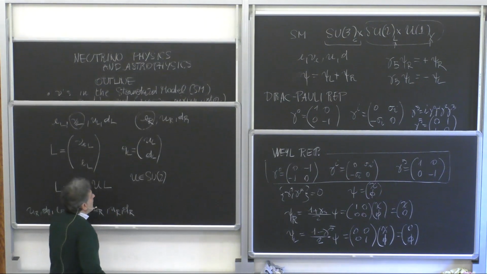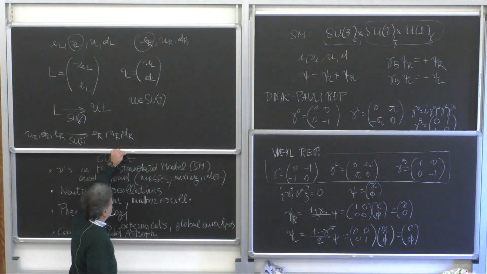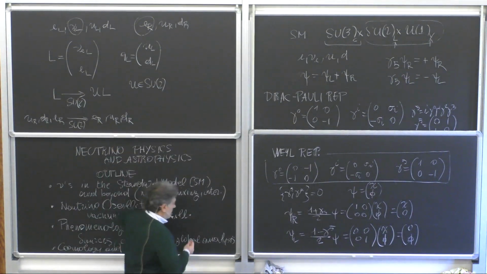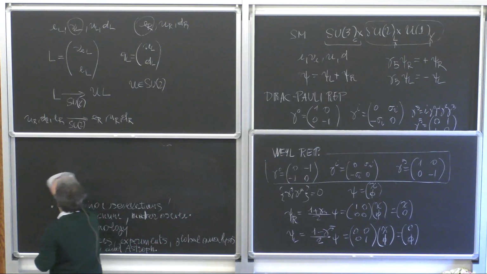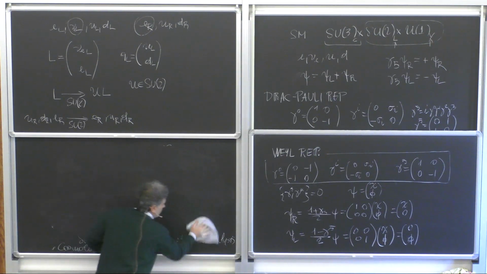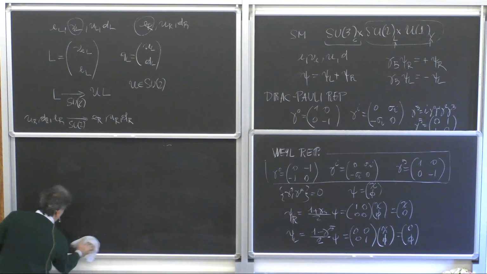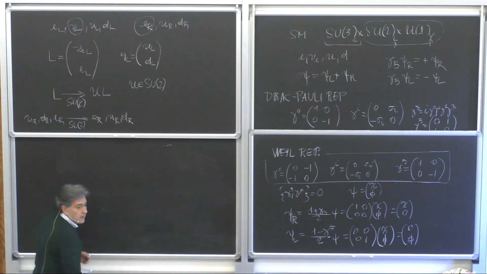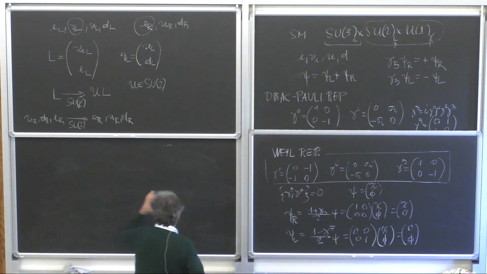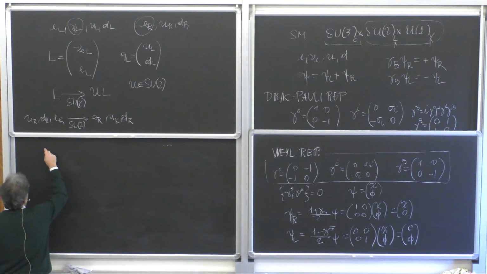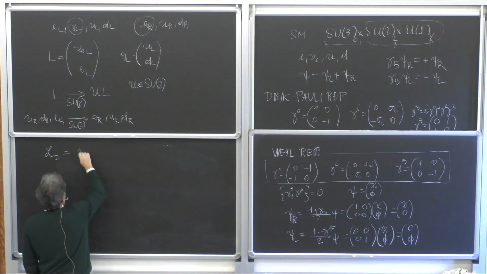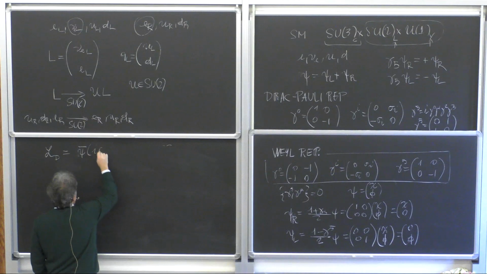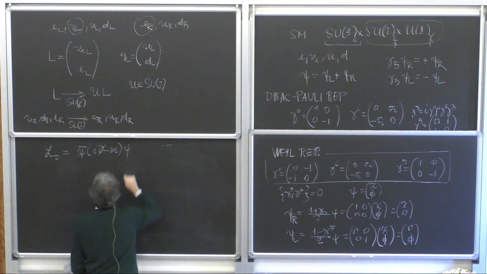Now, when we write the Lagrangian for a theory, first of all, we require that we have a scalar under Lorentz transformations. So, for instance, start from a free Dirac field. The Lagrangian is psi bar i d slash minus m psi.